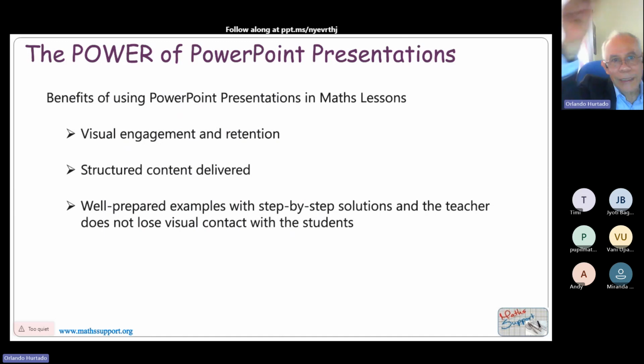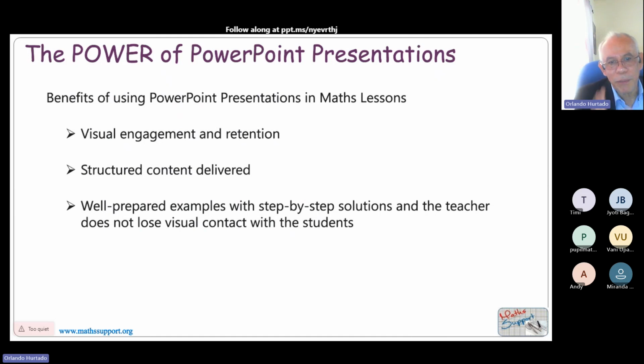Sometimes when we are solving a problem on the whiteboard or chalkboard, we make a mistake, and at the end we realize that the answer is not coming, and then we need to check where my mistake is, and redo all the working. That is losing time as well and losing the attention of the students.